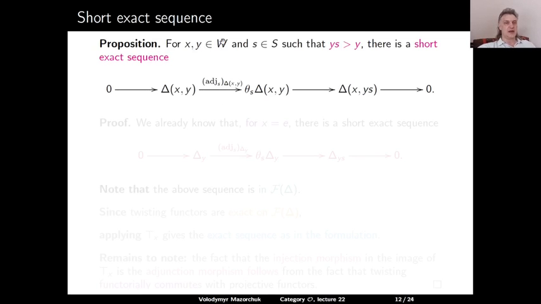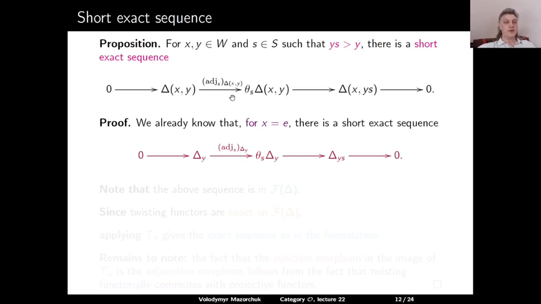The next property of shuffled Verma modules is given in the following proposition. Assume that x and y are elements in W, and s is in S such that ys is greater than y. Then there is a short exact sequence: delta xy is a submodule of theta s delta xy, and the cokernel is delta x, ys, and the first inclusion is given by the adjunction morphism for s evaluated at delta x, y. Proof. We already know that such a sequence exists if x is e, that is for usual Verma modules.